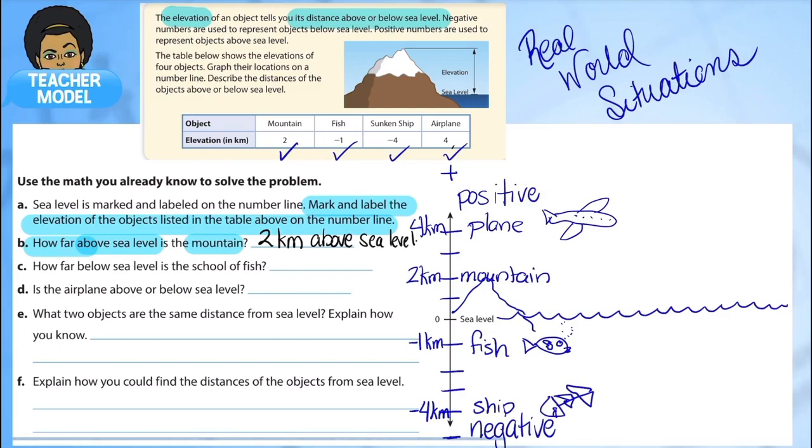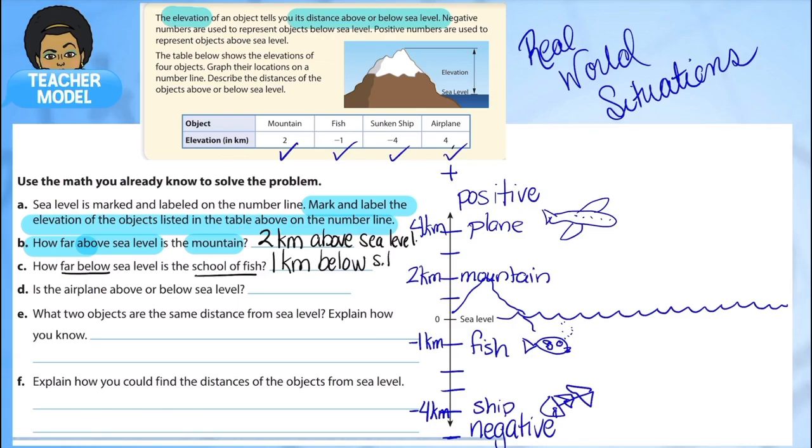And the next question, I'm actually going to underline instead of highlight so it doesn't look too crazy on the page. How far below sea level is the school of fish? So I'm looking at our fish. Our fish is at 1 kilometer, -1. So 1 kilometer below sea level. Notice that even though it's at -1, I'm writing 1 kilometer below sea level.